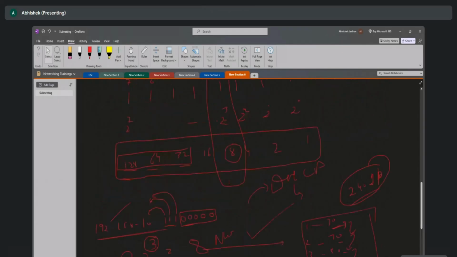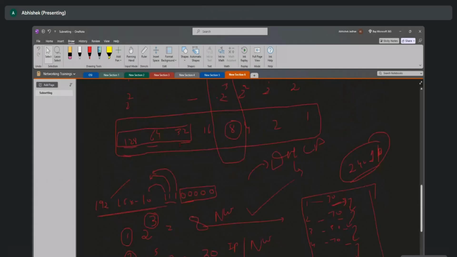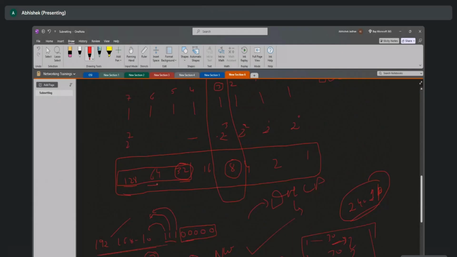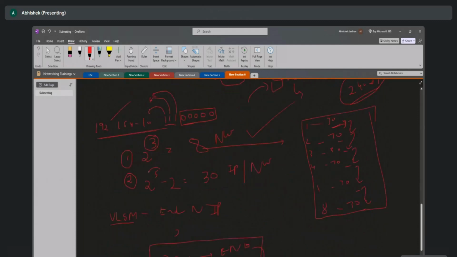Now, the major important thing. Where did this subnet mask end? 32, right? When you borrowed these network bits, it ends on this particular position, 2 to the power of 5. So that is what we are calculating for the host bits, right?